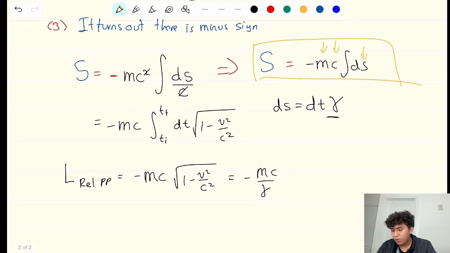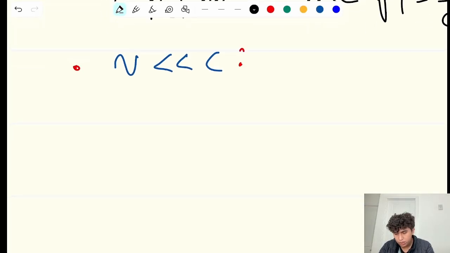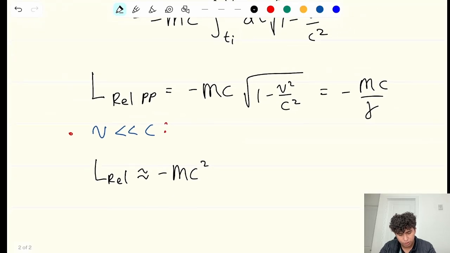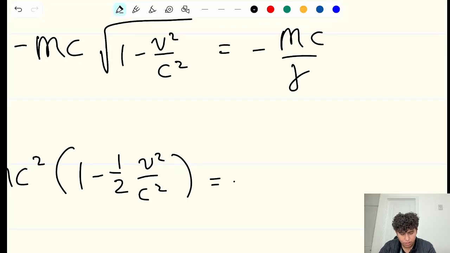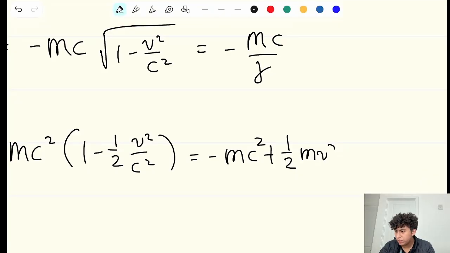Great. And then we can also show that if we go to the limit where the speed is much less than c, we get the following. We take the relativistic action and do a Taylor expansion. From the Taylor expansion, you get 1 minus 1/2 v squared over c². This is just the Taylor expansion of the square root: minus mc² plus 1/2 mv². Just multiply things out, you get this.